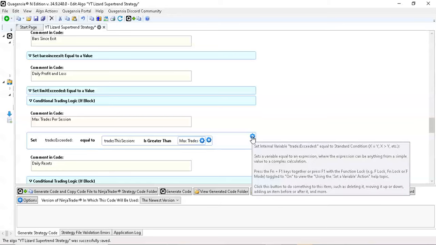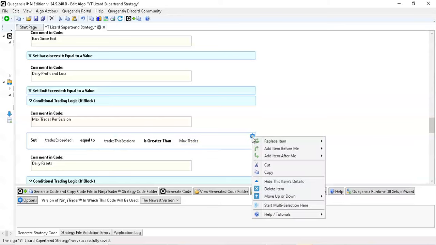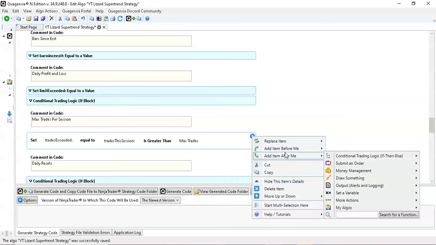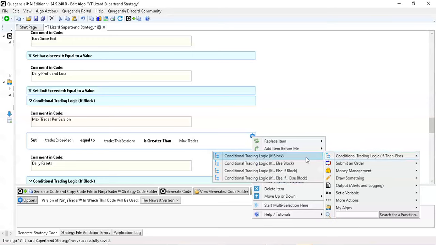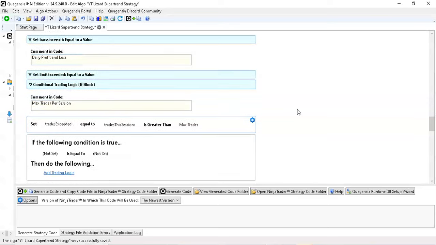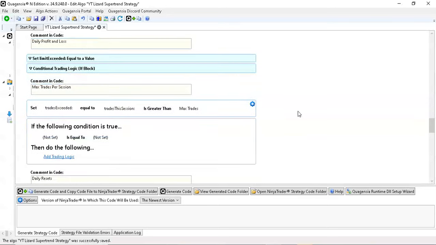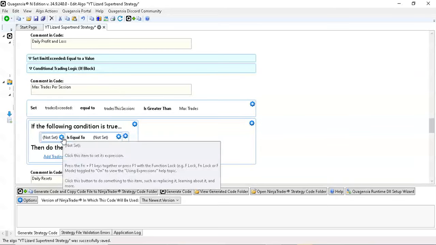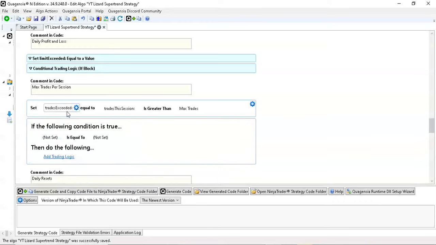All right. So now I'm just gonna add an if block. So we're looking to see if the trades are exceeded.